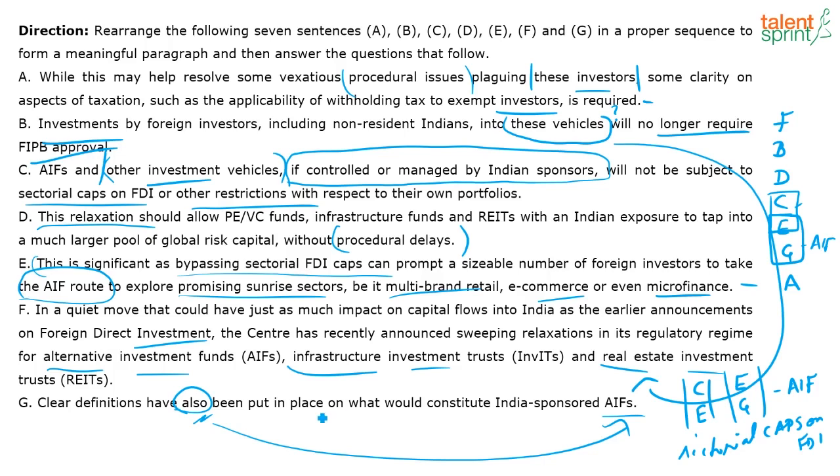I'm going to write this down here again. F, B, D, C, E, G, A. So when you follow this, go back, look at the logical sequence, try and analyze aspects.